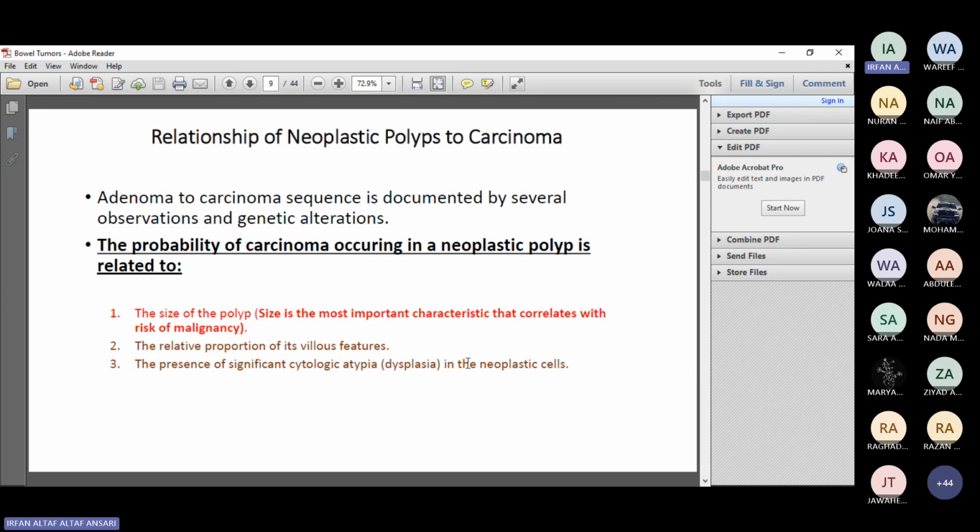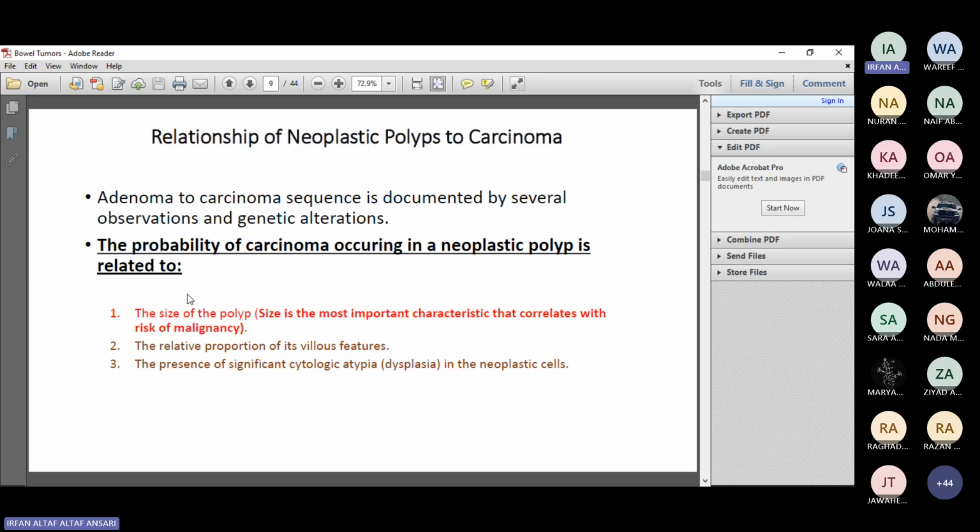Okay, you can be asked a question like, mention 3 features of a polyp which can help to see whether it is malignant, or mention the probability of a neoplastic polyp. Okay, so size of the polyp, villus architecture, and the dysplasia. These are the 3 features, very, very important.